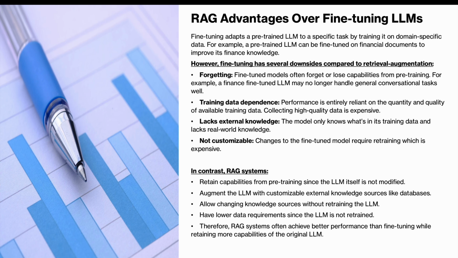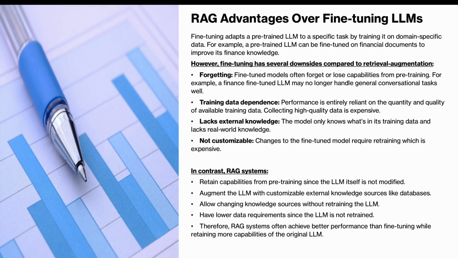Next, let's understand the RAG advantages over fine-tuning of the large language models. Fine-tuning adapts a pre-trained large language model to a specific task by training it on domain-specific data. For example, a pre-trained LLM can be fine-tuned on financial documents to improve its finance knowledge.